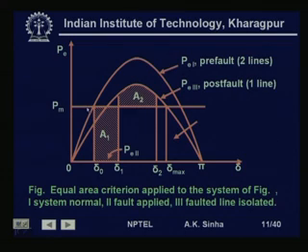Now, suppose instead of working at this point, we would have worked at a little higher point here, that is, with the electrical output being a little more than what it was earlier. So, P m also would have matched that point and we would have been working here. In that case, we would find that the accelerating area will increase and the decelerating area will reduce somewhat, but the maximum decelerating area available is above this line and below this curve.